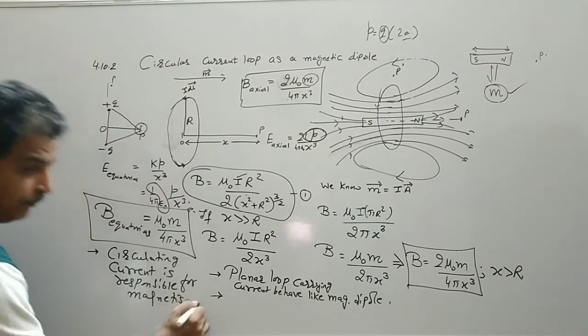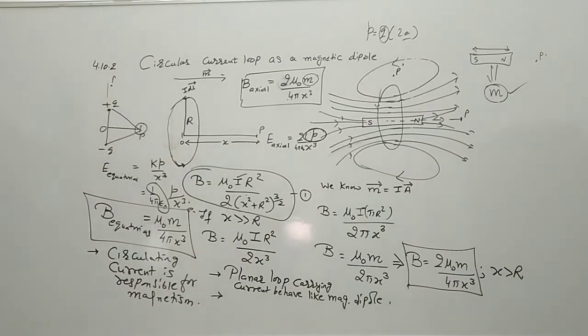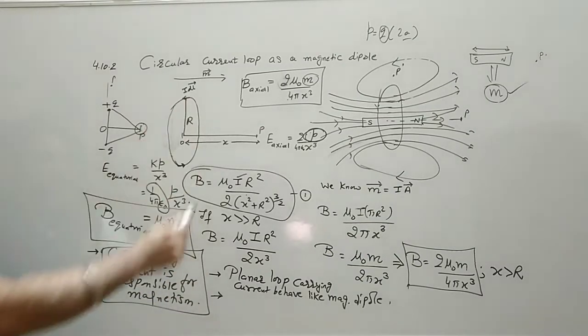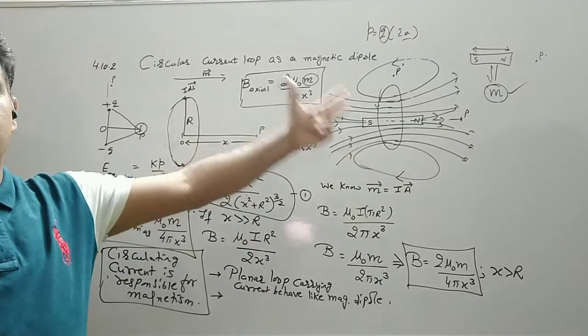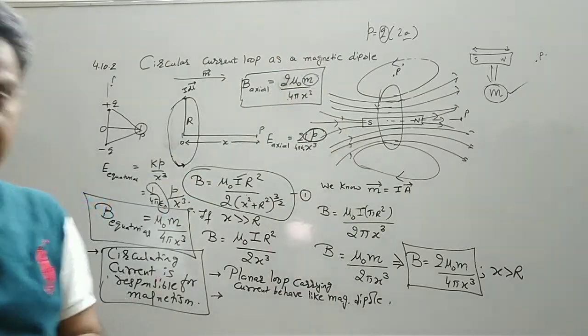So according to him, if there are circulating currents, then that gives rise to the magnetism property. Though we will say that this is not always a true situation, because the magnetic monopole does not exist for the time being. According to Ampere, all the circulating current is responsible for magnetism, means they produce the magnetic field, they are subject to torque, they behave like a magnetic dipole.